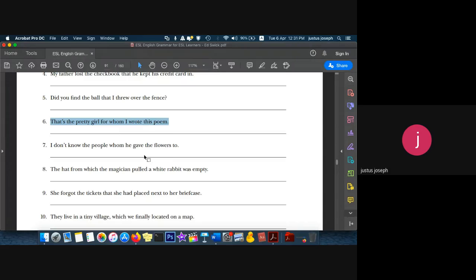Generally, elliptical forms might put the preposition at the end. Don't go that deep into these things. Just know how to frame these sentences and be familiar with them. Chalo, next one. I don't know the people whom he gave the flowers to. Again, it ends with a preposition here, right?